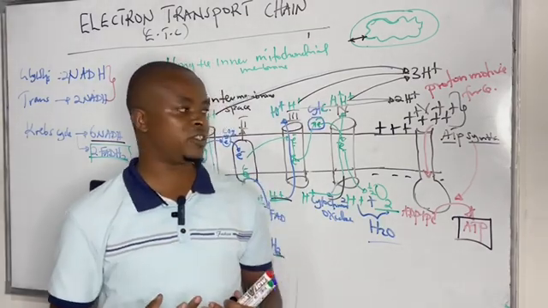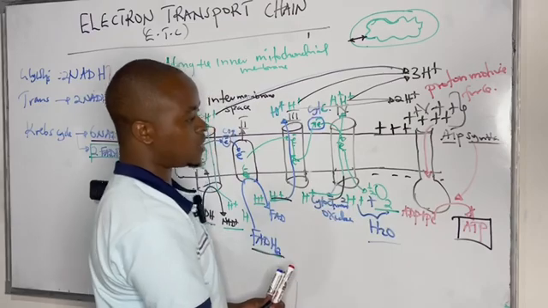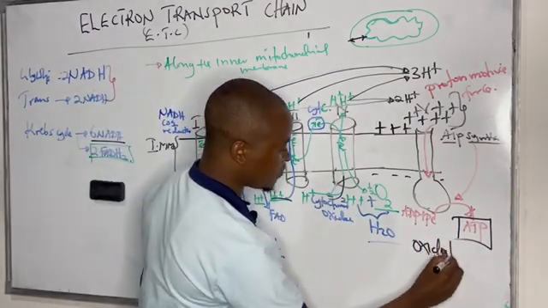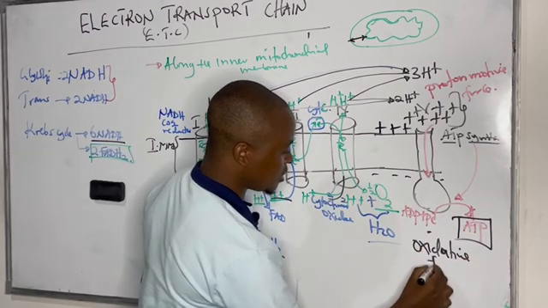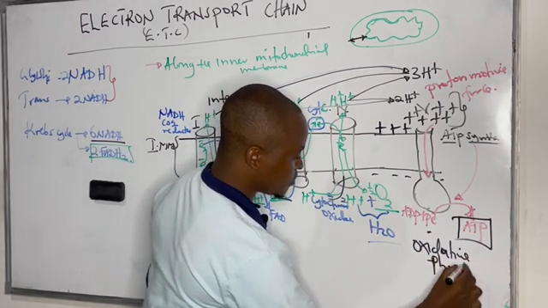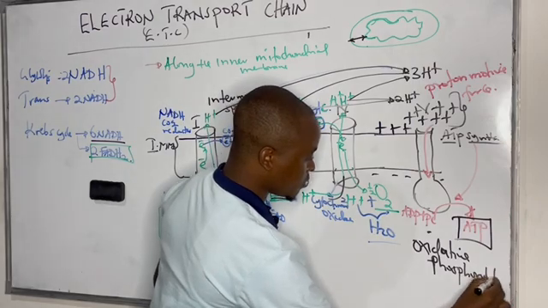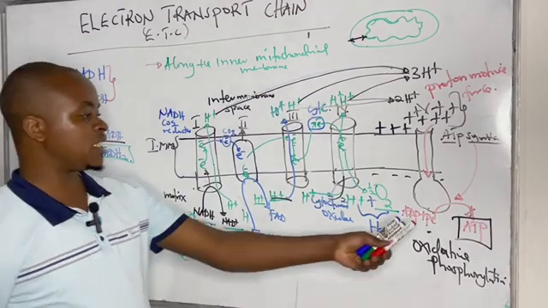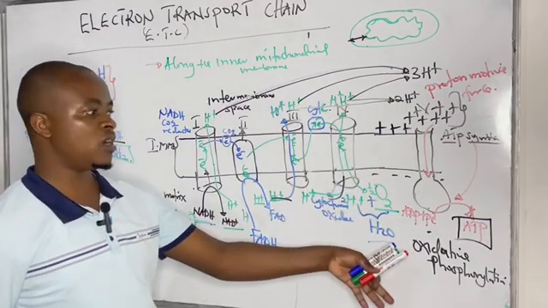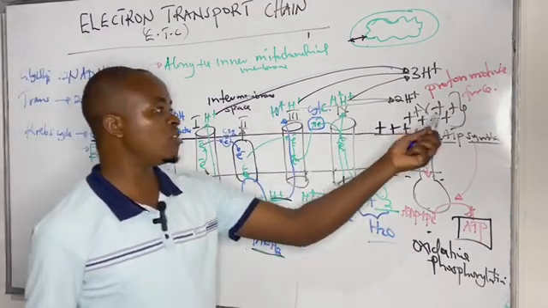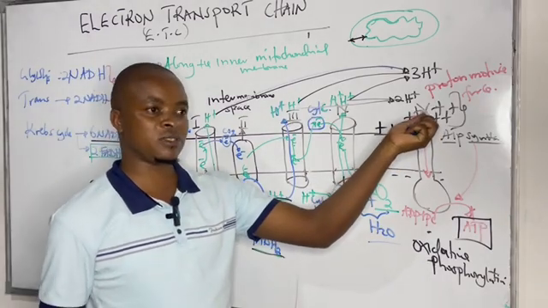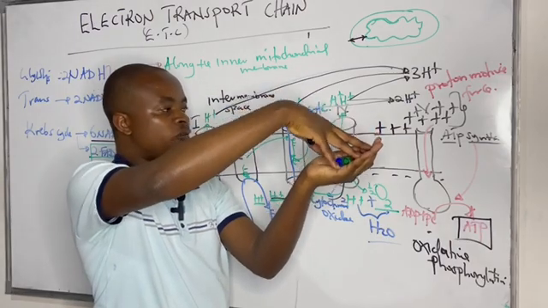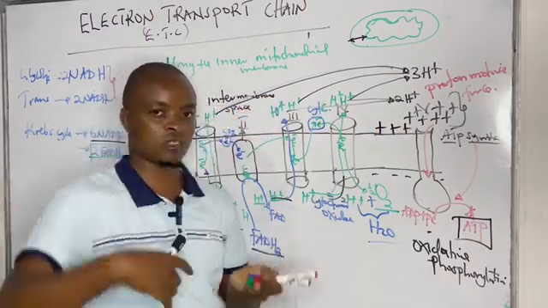We normally get energy by this process known as oxidative phosphorylation. Oxidative phosphorylation is the formation of ATP in the presence of oxygen in the mitochondria, whereby the accumulation of protons in the intermembrane space converge at the ATP synthase, that is complex 5, and create a proton motive force.